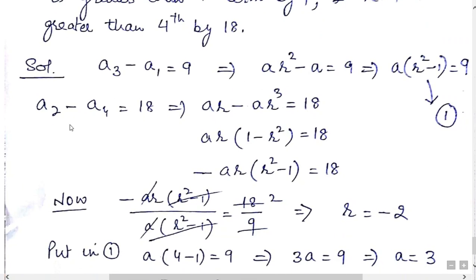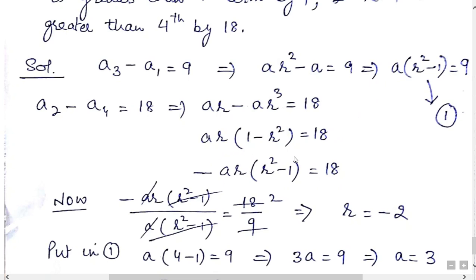It means a2 minus a4 is 18. ar minus ar cube is 18. Taking ar common, it's 1 minus r square. ar into 1 minus r square is 18. Then taking the negative sign common, minus ar into r square minus 1 is equal to 18. Why take the negative sign common?